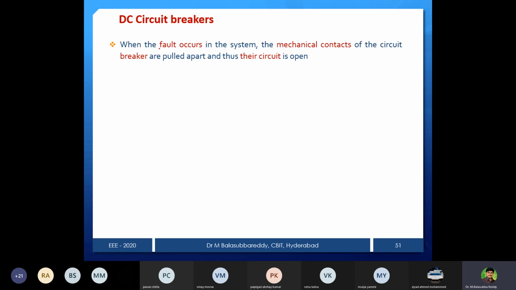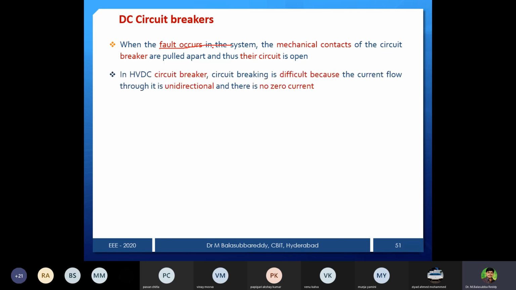So if any fault occurs, the circuit breaker has to operate, or the mechanical contact of the circuit breaker has to be pulled or separated, so that the circuit breaker is open.